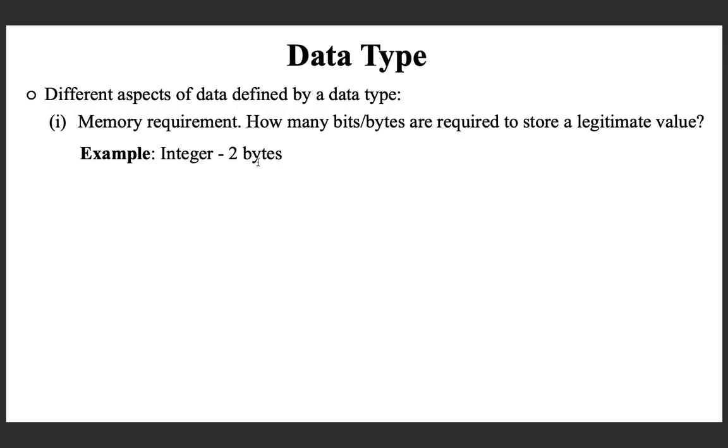The only take home is that the moment you decide the memory requirement of a data type, then you are fixing the maximum possible values or the domain of values, which is a finite set, depending on the data type. Okay. Another example, maybe for real numbers you need 4 bytes.